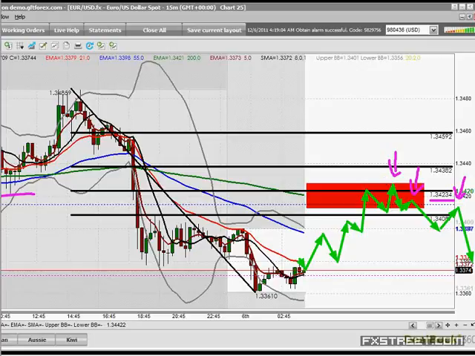A 3-minute change of trend, somewhere where I'm putting this black arrow, I would have that with a higher high stop.